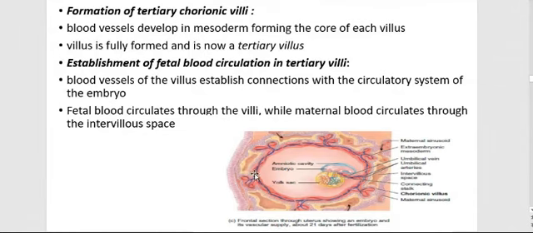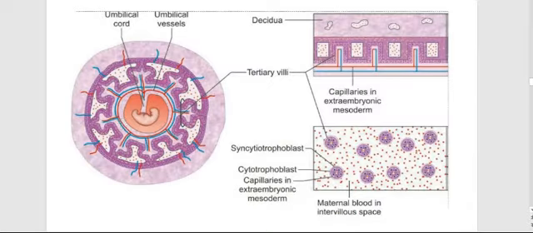Intervillous space, chorionic villi, and these are projecting into the decidua basalis. So now we have formed these finger-like extensions from the chorionic sac into the decidua basalis. At the end of it, they will look like this.